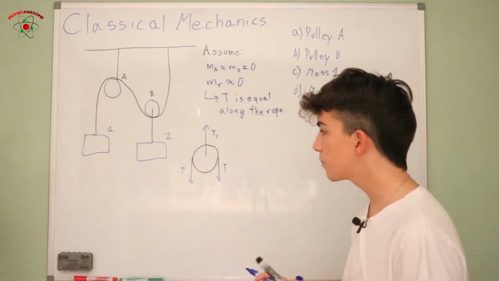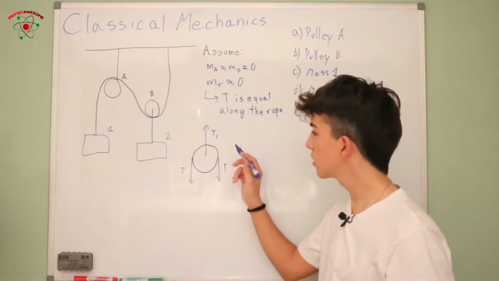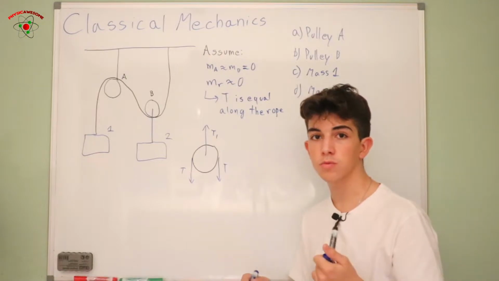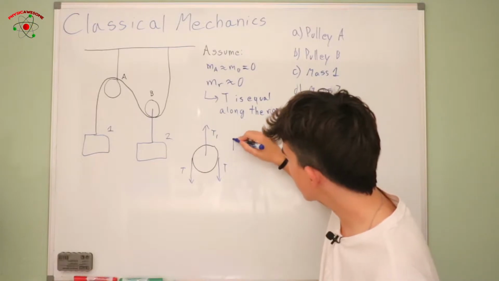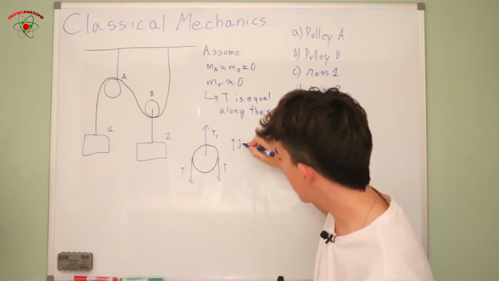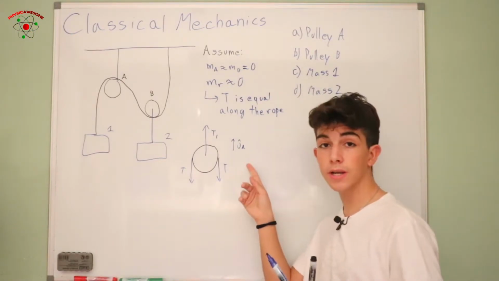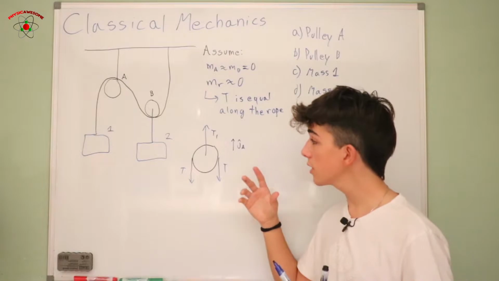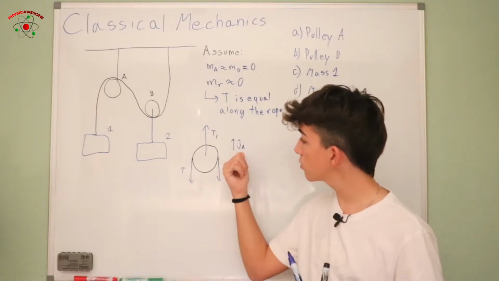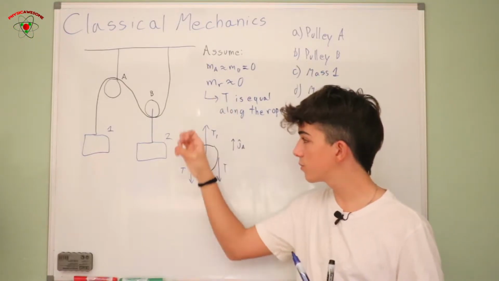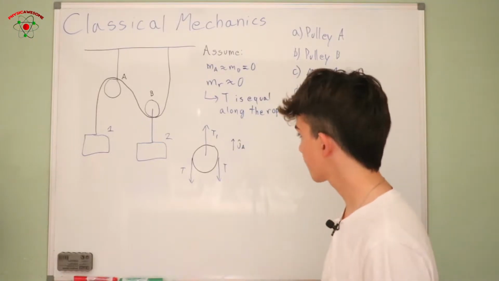It is very important to indicate in every one of your free body diagrams what the unit vectors are, and we will indicate, in this case, this is j hat A. It is not necessary that all of your unit vectors are equal. The only thing that is necessary is the signs are consistent between your choice of unit vectors for each free body diagram, and everything will work out.